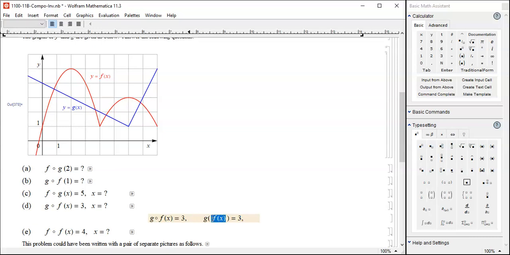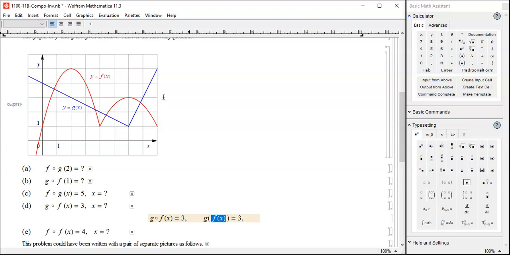That is, g of something is equal to 3. 3 is the function value, so the y coordinate is 3. So what is that something? The y coordinate is 3, and g is the blue graph.